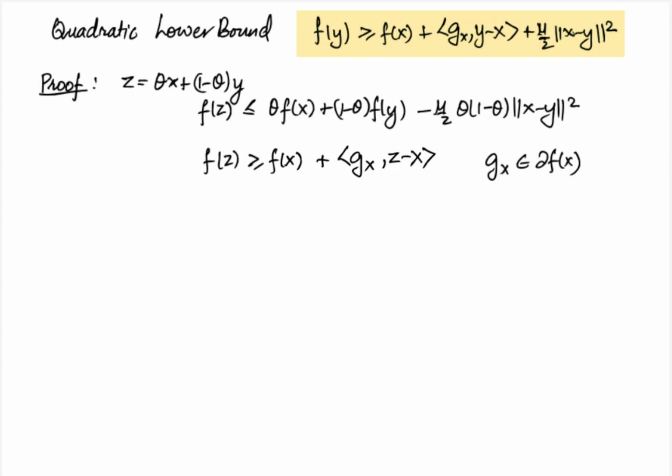Upon substituting z equal to theta x plus 1 minus theta y, this gives us the bound f of z greater than or equal to f of x plus 1 minus theta inner product of g_x comma y minus x.